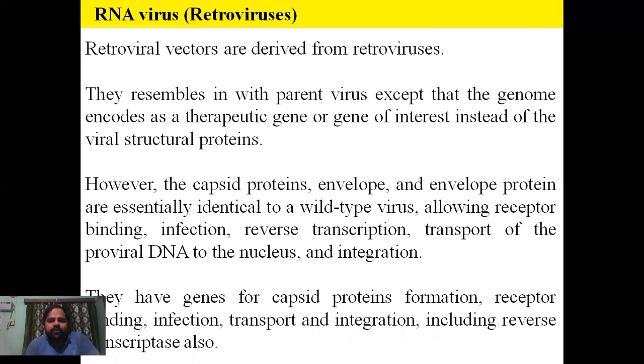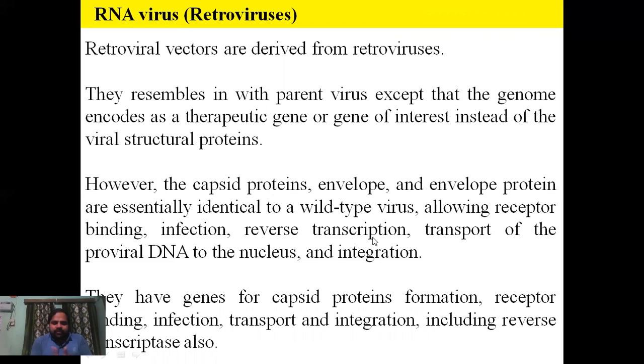However, the capsid protein and envelope are essentially identical to the wild type virus, allowing receptor binding, infection, reverse transcription, and transport of the proviral DNA into the nucleus and integration.